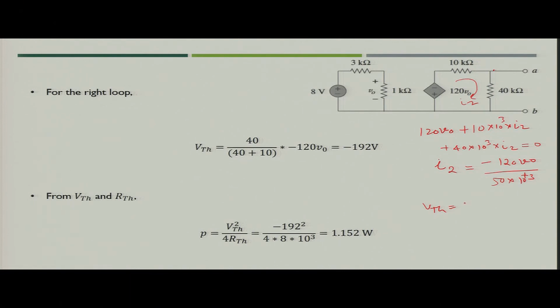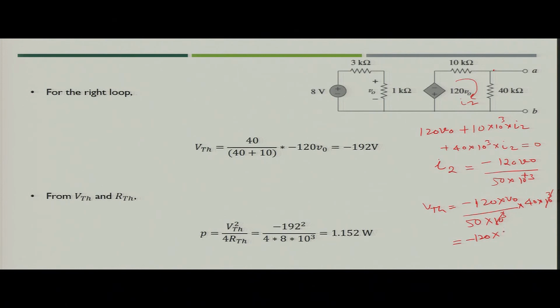So, this will become minus 120 into V naught divided by 50 into 10 to the power 3, into 40 into 10 to the power 3. So, the 10 to the power 3 terms will cancel out, and you will get finally minus 120 into V naught.